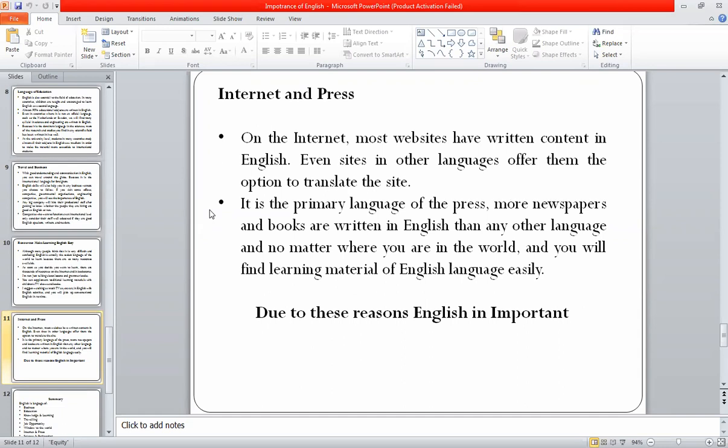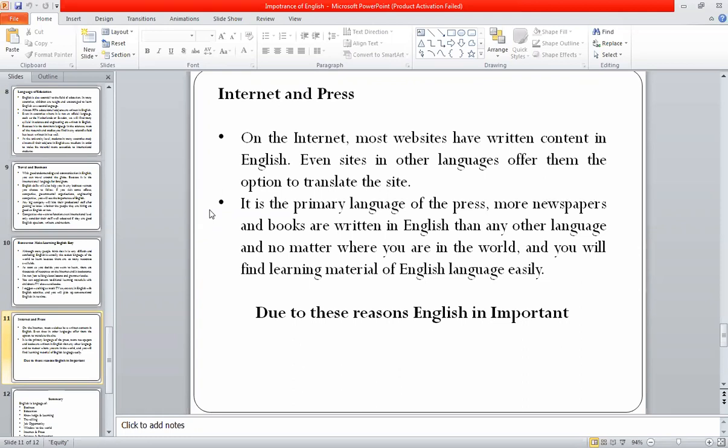That becomes possible only when you are using the English language for each and every purpose. So we can find the content regarding our syllabus or our study on the internet, written in the English language.